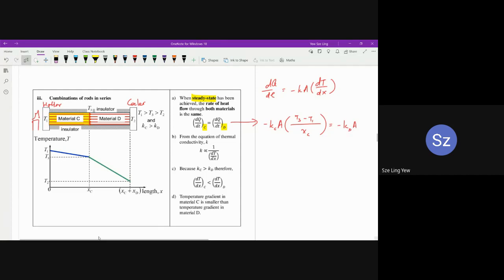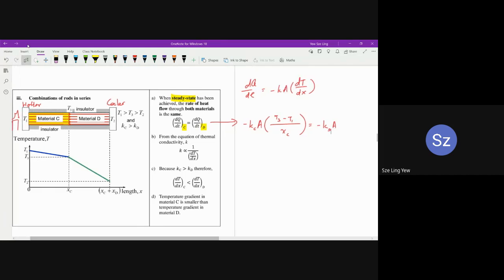Now for material D, you look at its beginning, so it starts from T3. T3 was the final position for material C, but now it acts as the initial position for material D. So you have T2 minus T3 for material D.